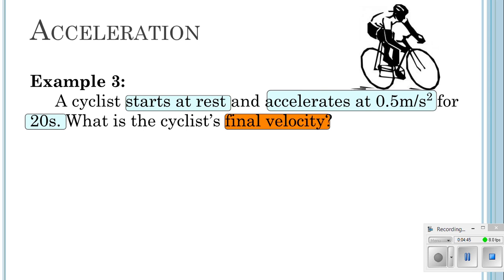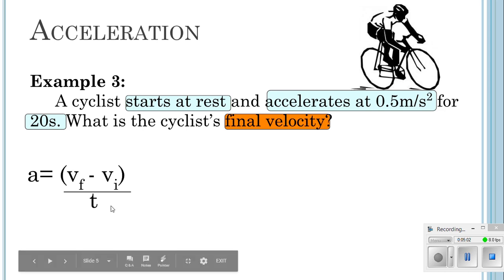So I'm going to set up the equation that I know. Acceleration equals final velocity minus initial velocity, divided by time. But this time I'm looking for the final velocity. That means I need to rearrange the equation so I have vf by itself. Since I'm dividing by t here, I'm going to get rid of that first.